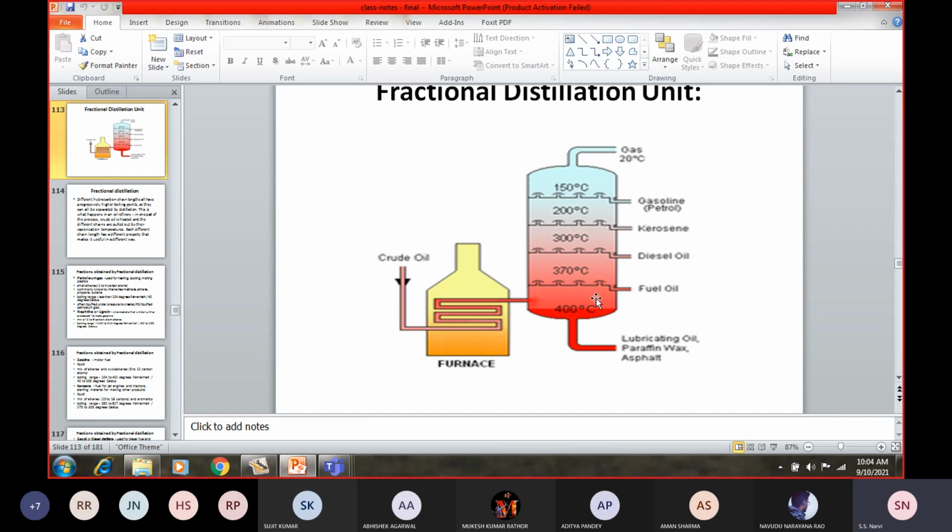So we know that the majority of the compounds we need are in the form of gasoline, kerosene and diesel oil, isn't it? There is only limited use of lubricating oil and high molecular weight components, that is paraffin waxes, in the polymer industry, the pharmaceutical and cosmetic industry and the food industry.